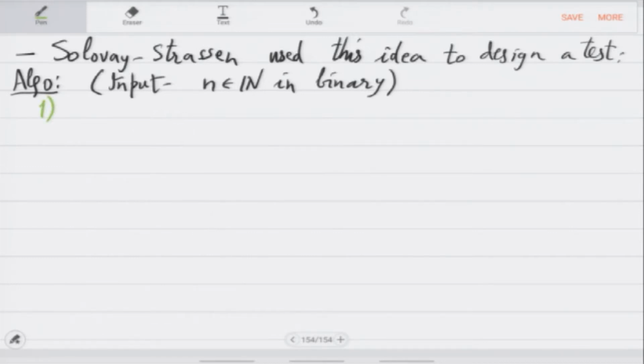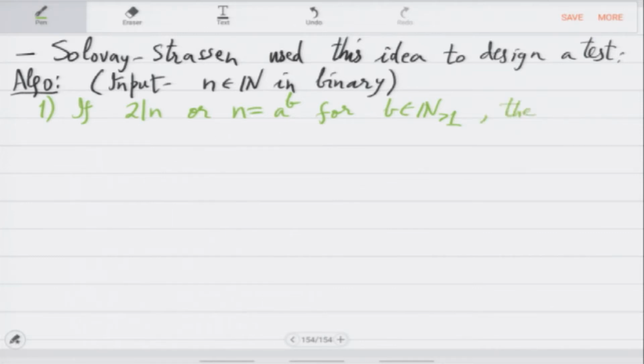The first step is simple, you just check whether n is even, 2 divides n, or n is a perfect power. So check whether there exist a and b such that n is a to the b.